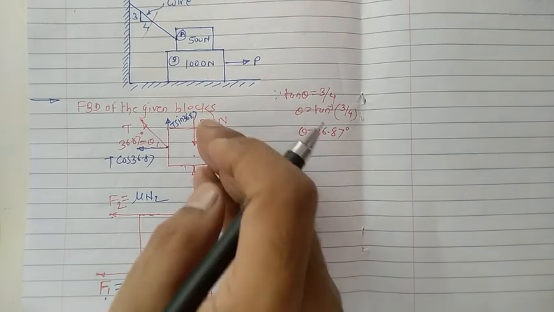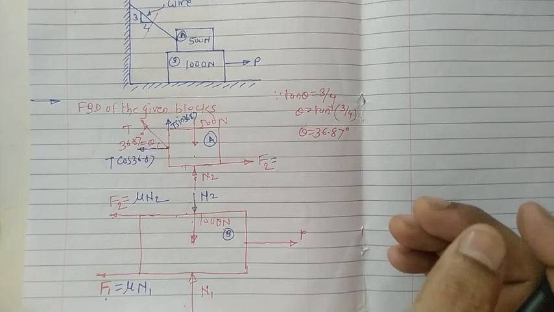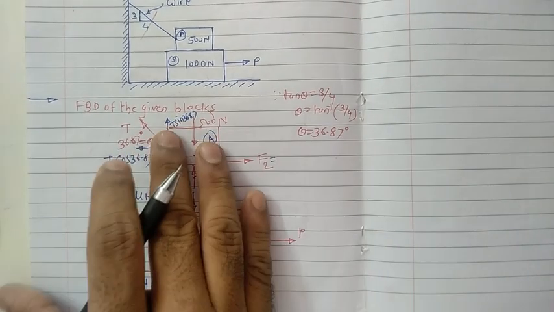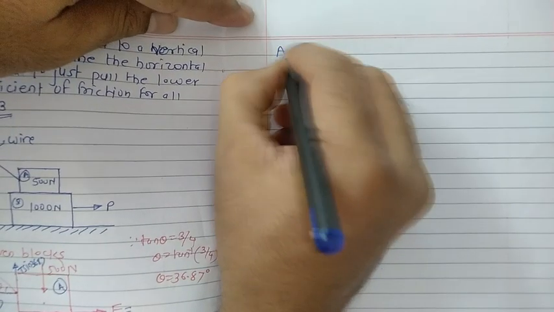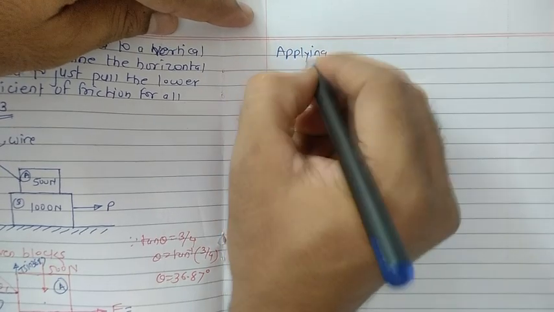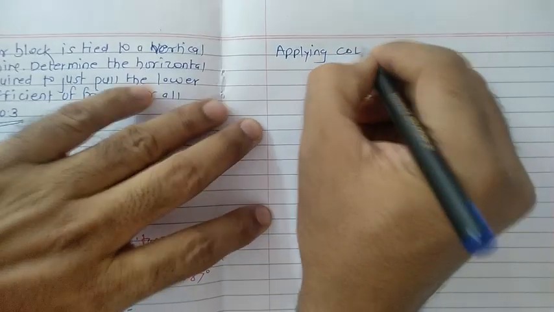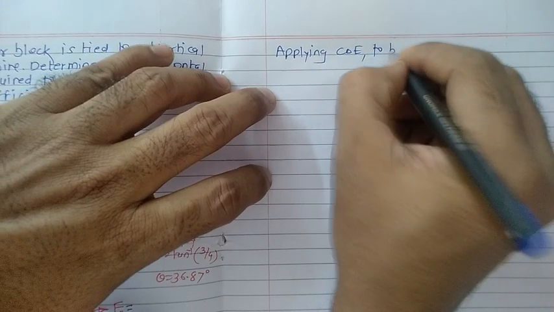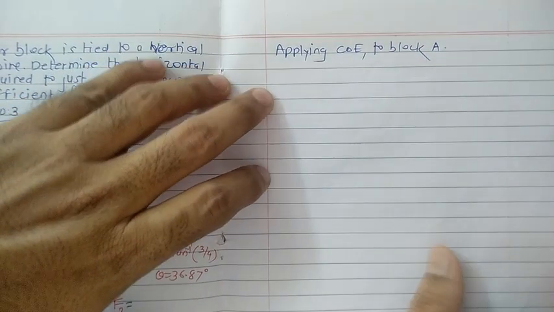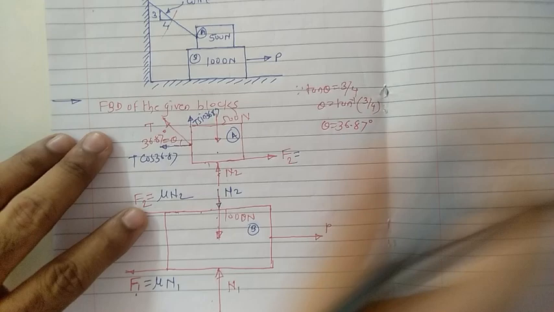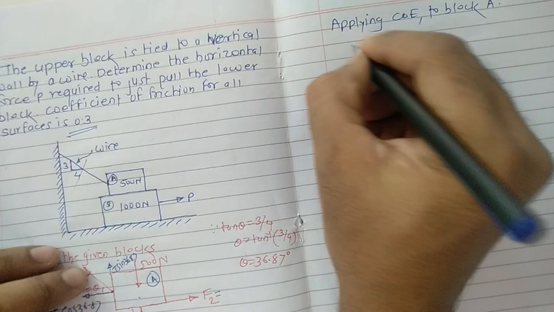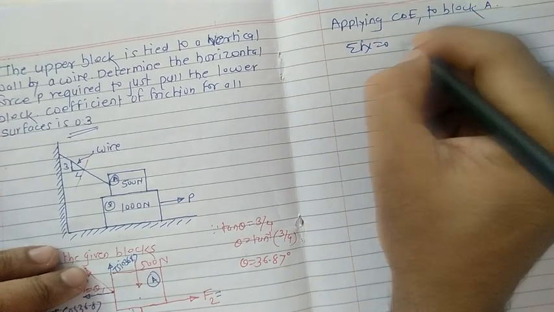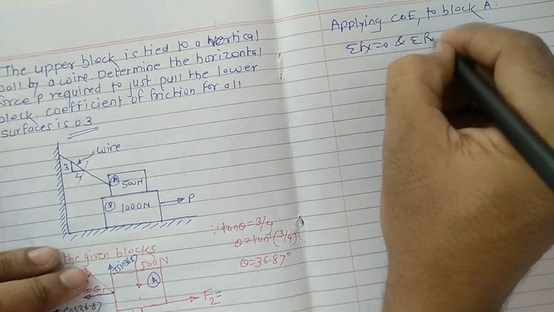Now if I apply the conditions of equilibrium to block A, just focus on block A here. The two conditions are: summation of Fx equals 0, and second, summation of Fy equals 0.